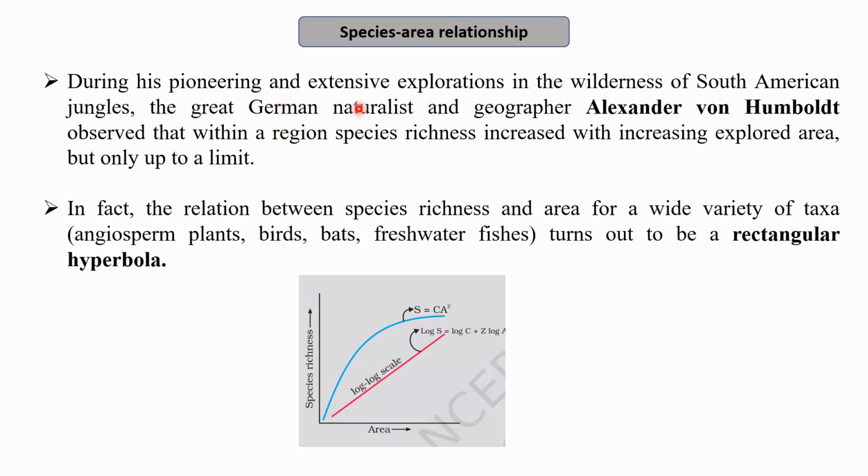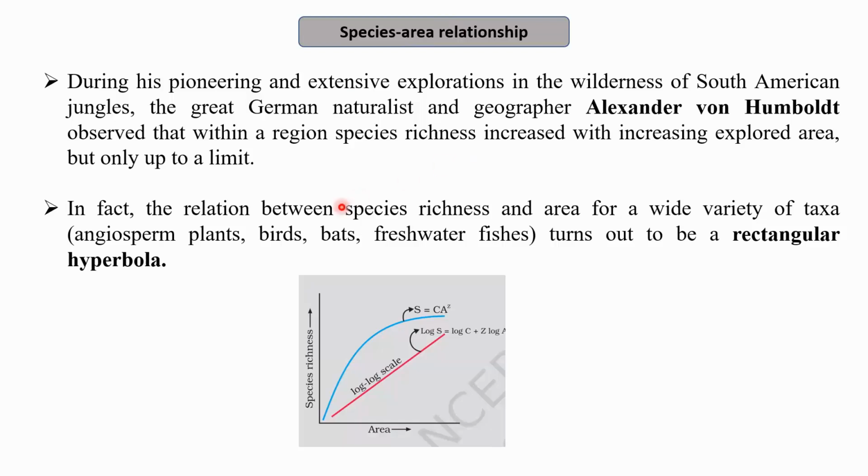During his pioneering and extensive explorations in the wilderness of South American jungles, he observed that within a region, species richness increased with increasing explored area, but only up to a limit. It's not that as we keep increasing the area, the species richness keeps increasing. There will be a time when you keep increasing the area, but the number of species you have observed will remain the same.